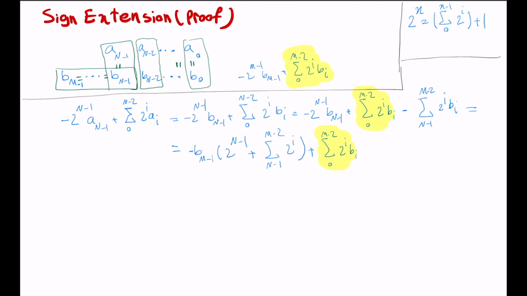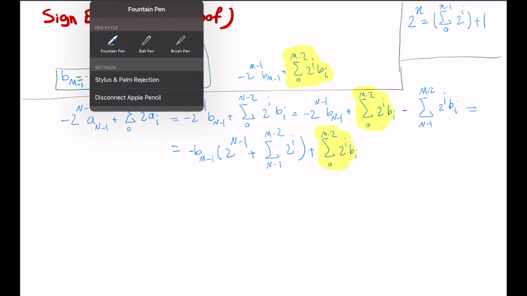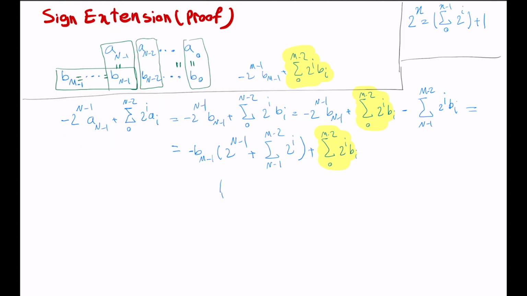So what I'm going to do now is write this term over here as 2 to the n minus 1 plus the sum from 0 to n minus 2 of 2 to the i, minus the sum from 0 to n minus 2 of 2 to the i.